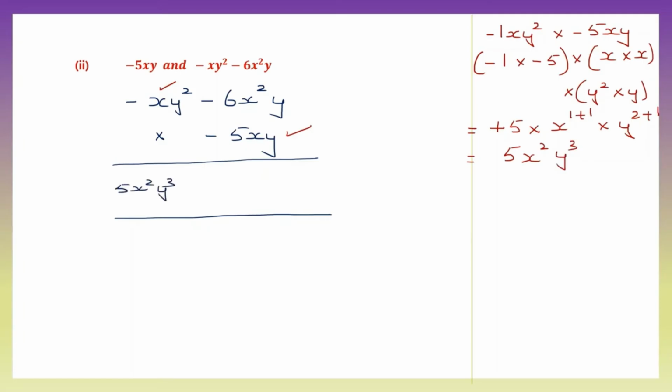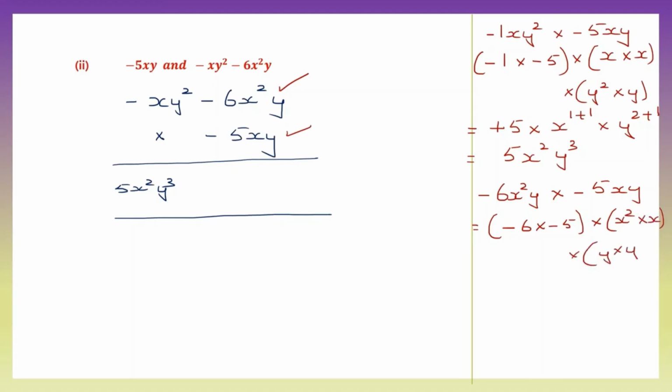Now that we have finished with this, let's take the next one and multiply this. So it is minus 6x square y into minus 5xy. So let's take only the numbers. Minus 6 into minus 5, x square into x, then y into y. So now let's multiply.